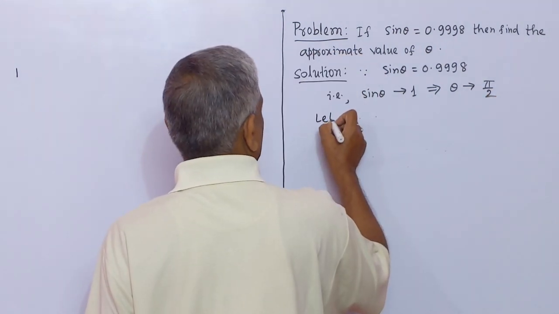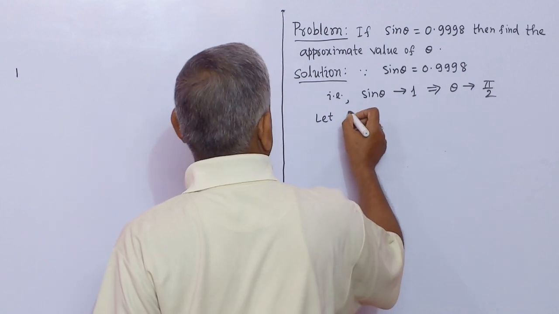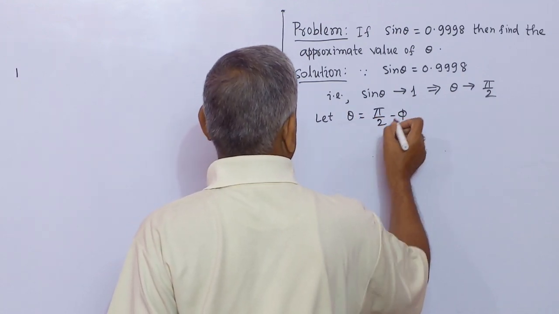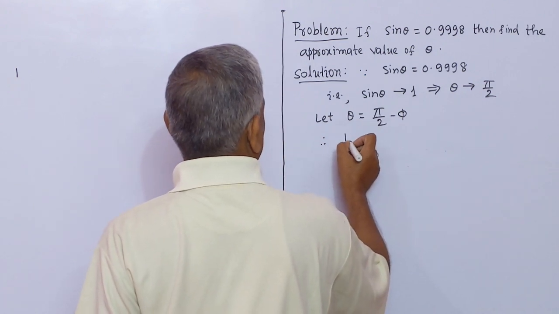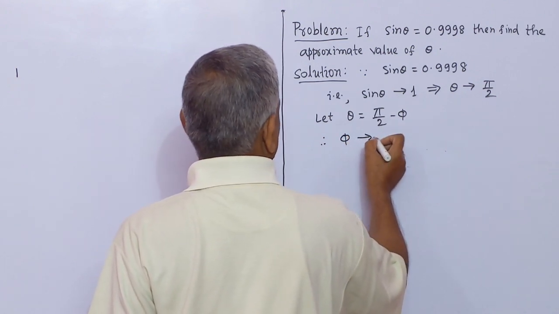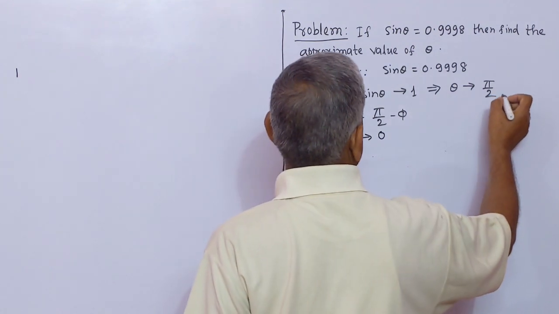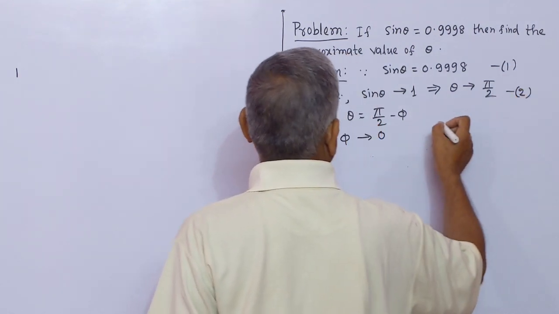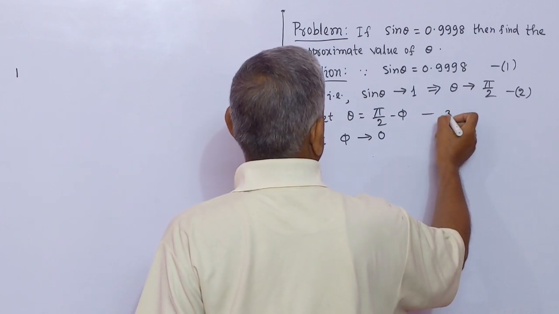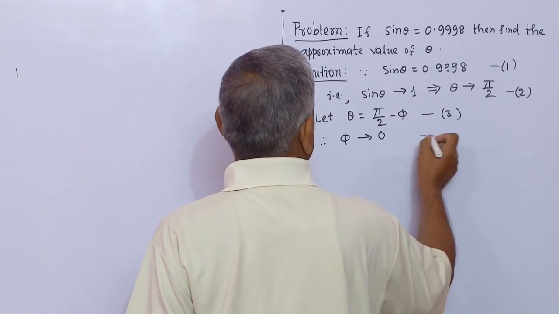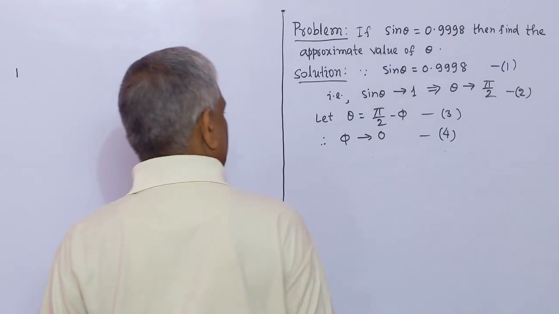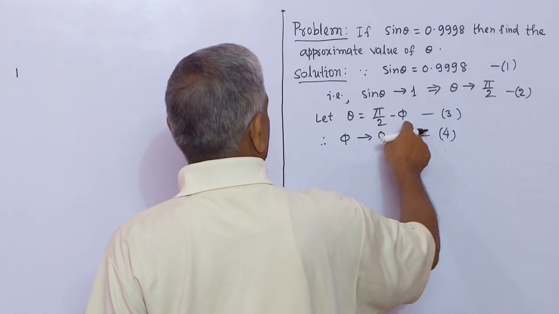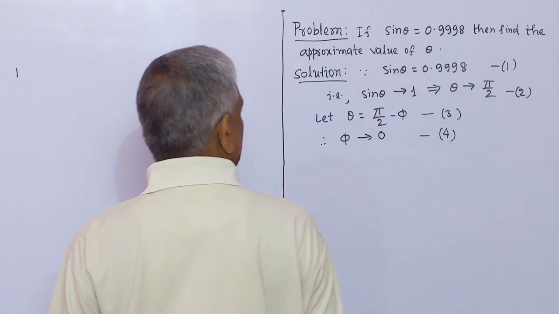Let theta equal pi by 2 minus phi. Therefore, phi tends to 0. This is number 1, this is number 2, this is number 3, and this is number 4. Here theta tends to pi by 2, then phi tends to 0.